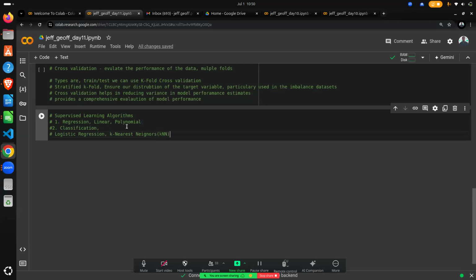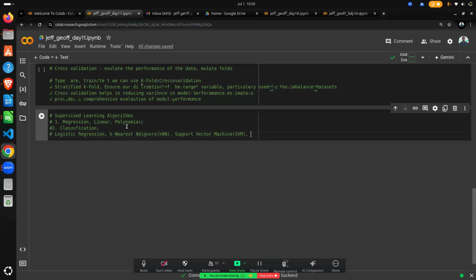KNN. Then we have what we call the support vector machine. It's kind of outdated.